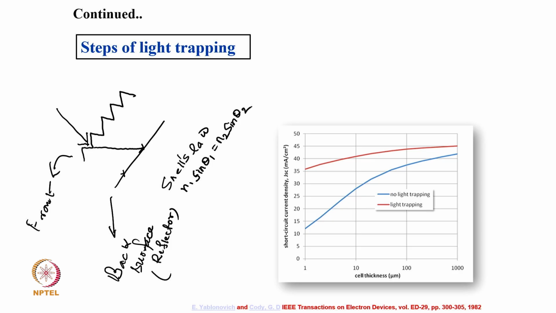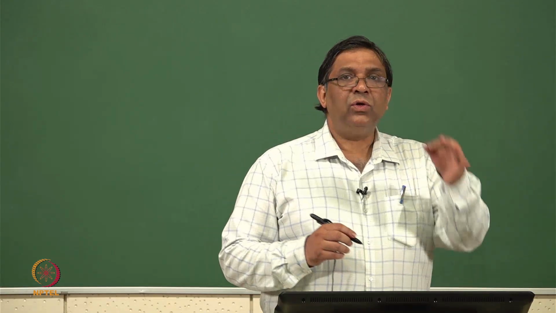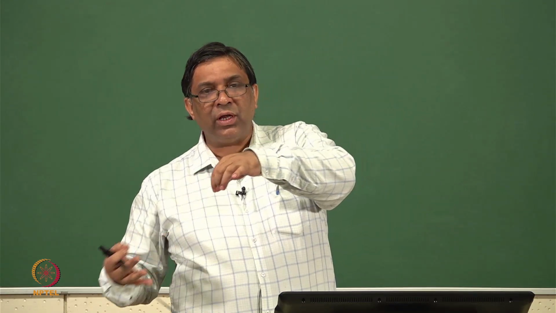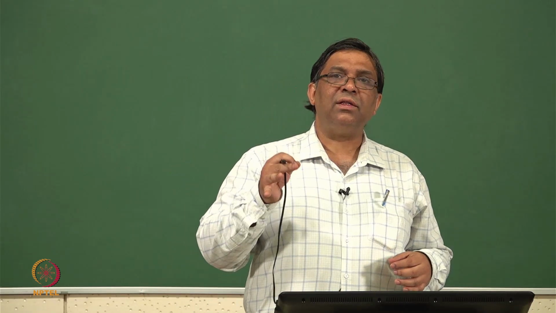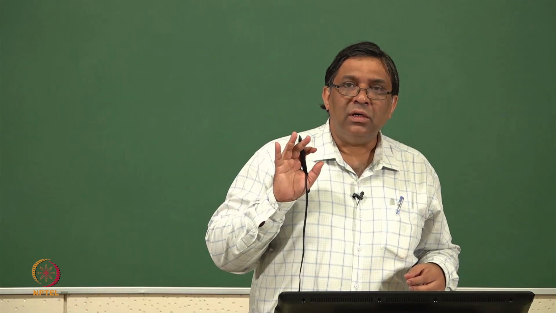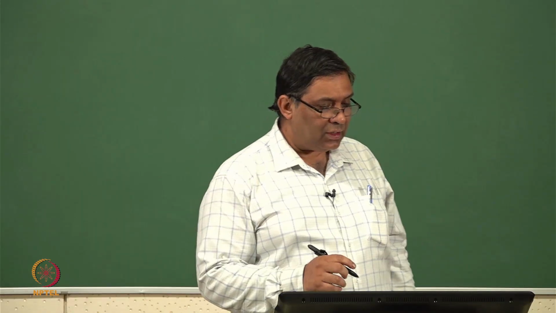This is Snell's law. What is n1? N1 is the refractive index of the medium from where light is falling. N2 is the refractive index of the medium where light is going inside. And theta 1 is the incident angle and theta 2 is the angle of refraction. Okay, as light is refracted.